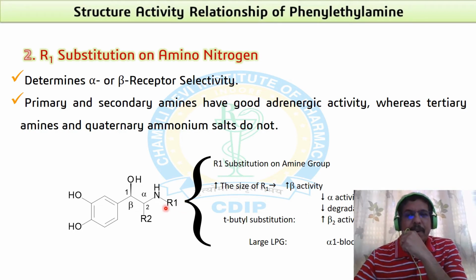But if it is a smaller one, then it might have alpha selectivity.